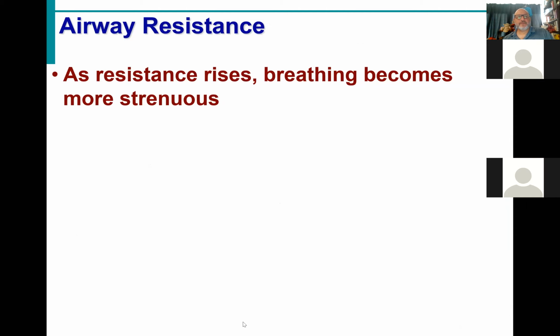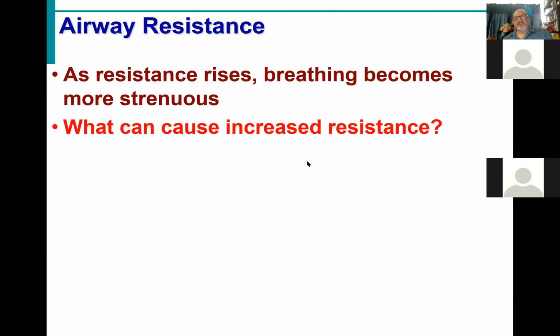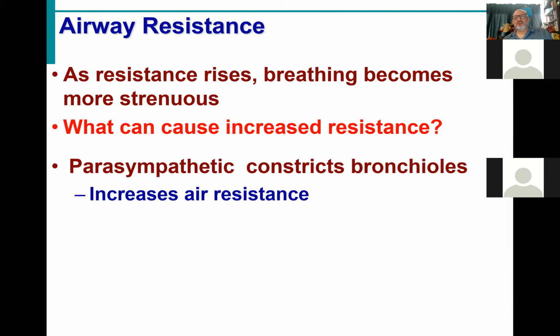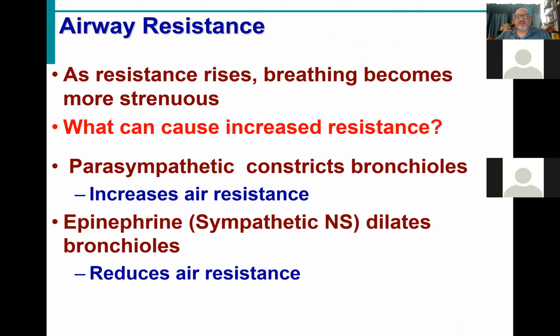All right. So as resistance increases, breathing becomes more strenuous. And as we talked about, the things that can increase resistance include our parasympathetic nervous system. We know it constricts the bronchioles, increasing the air resistance.